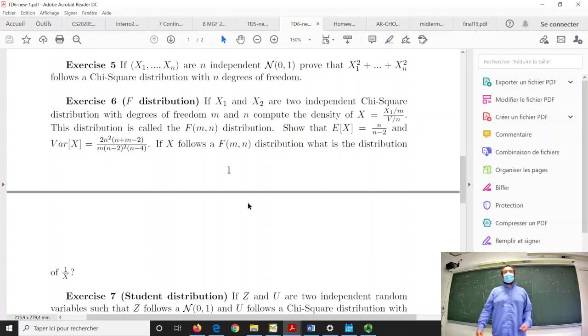So of course, it should be possible to do the computation and to obtain the result, but in relation with the exercise we have done here, if I have a look at the chi-square as the sum of the squares of n independent Gaussians. So first, what is the answer?